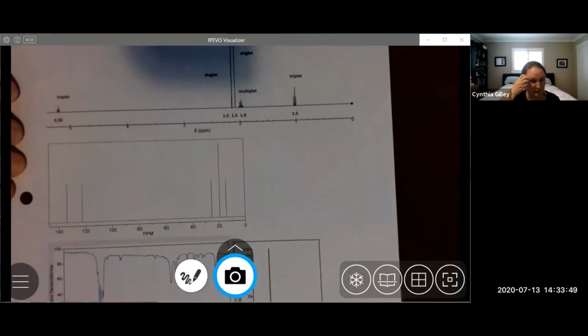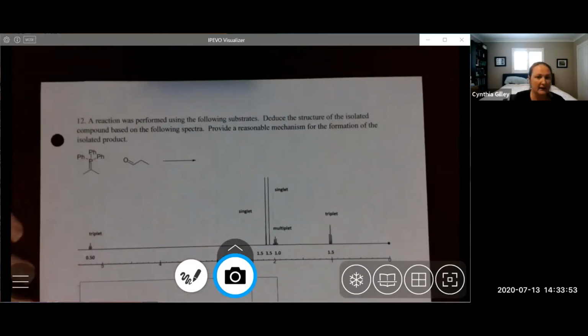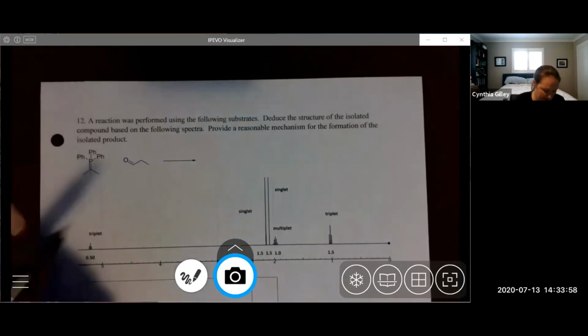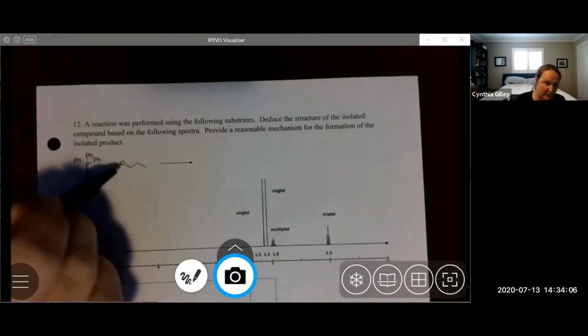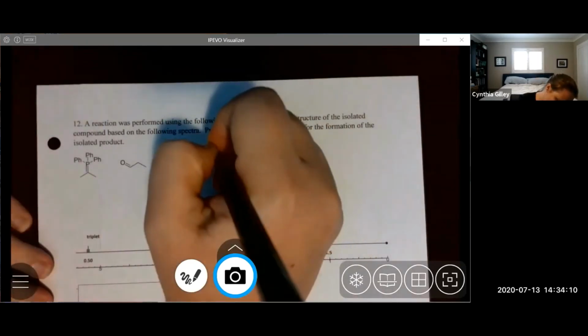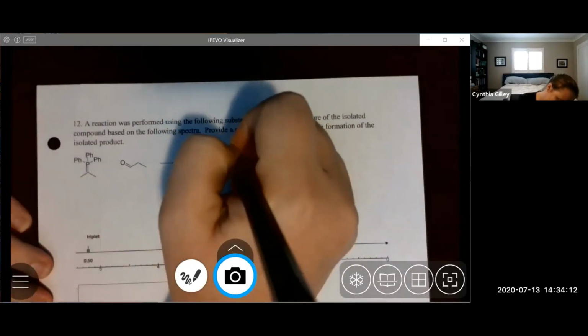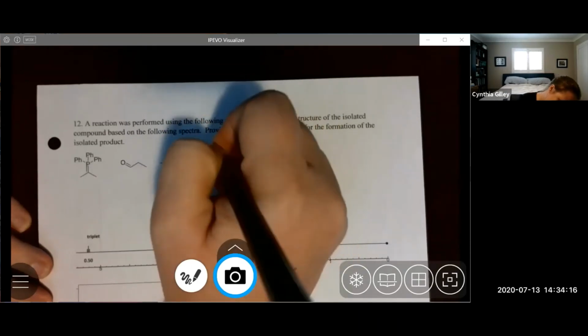Okay, the next question is regarding the Wittig reaction, which utilizes a ylide, a phosphonium ylide, and an aldehyde or ketone. So if you recognize these two reactants, you should be able to come up with the product, an alkene.